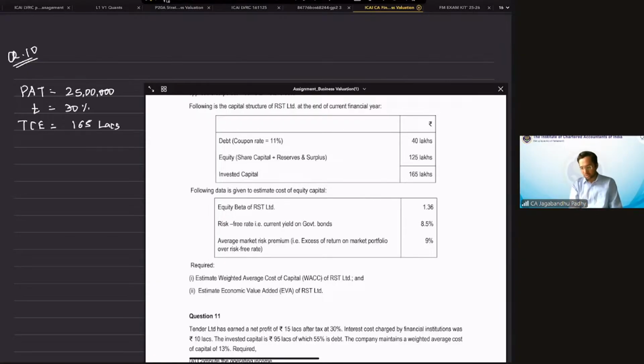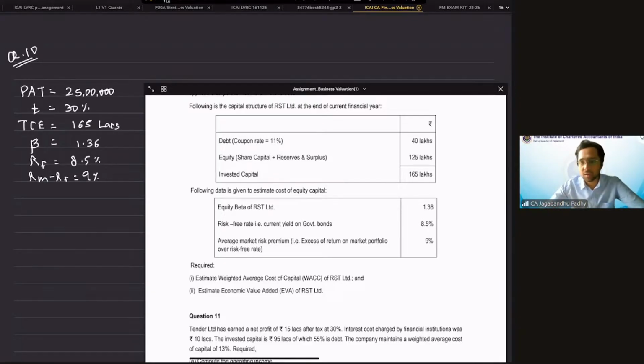Following data is given to estimate the cost of equity: beta is 1.36, the risk-free rate, RF, is 8.5%, and the market risk premium, which means RM minus RF, is 9%. You first get the weighted average cost of capital and then the economic value added.